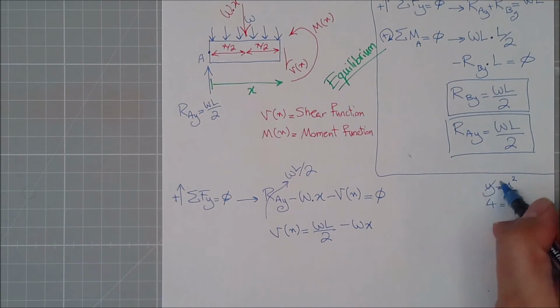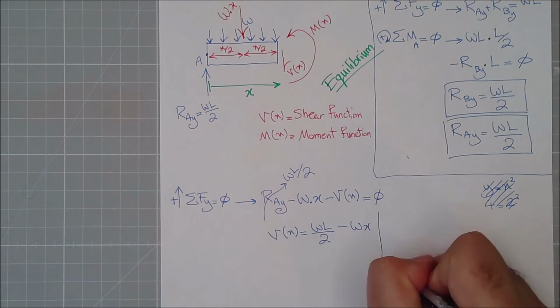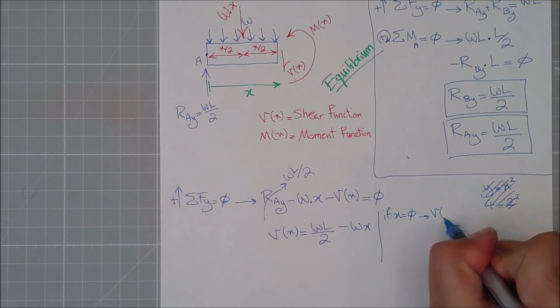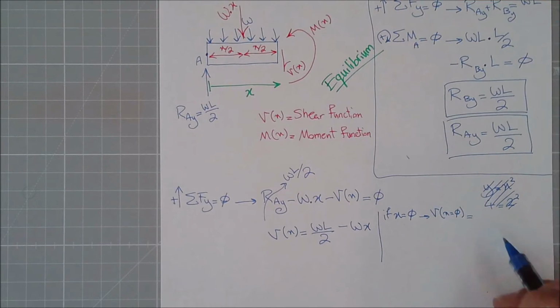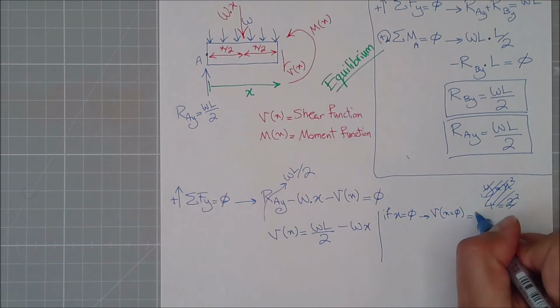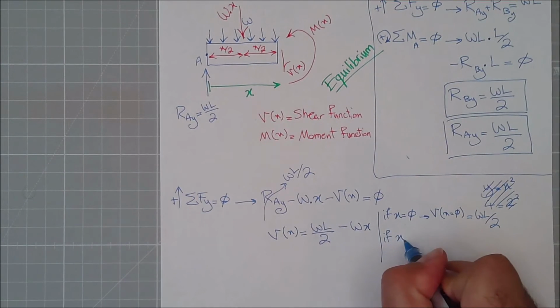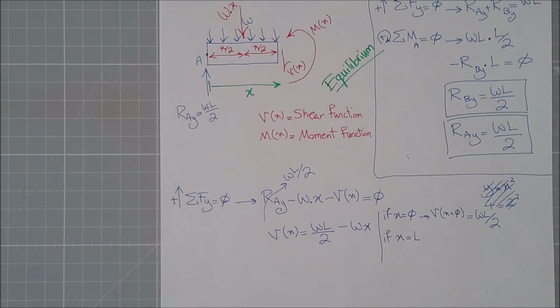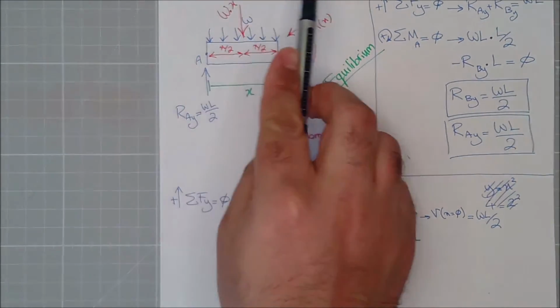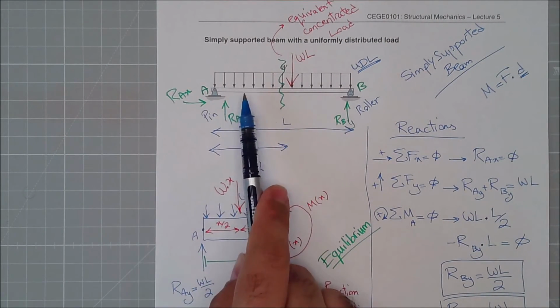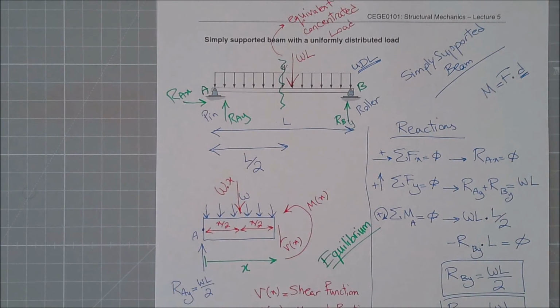Let's give it some values. If x equals 0, V(0) will be equal to WL divided by 2. I'm just simply putting 0 instead of any x in this function. If x equals L, because nothing is happening along my beam, the entire beam is the same, so probably the shear function everywhere will be the same thing.